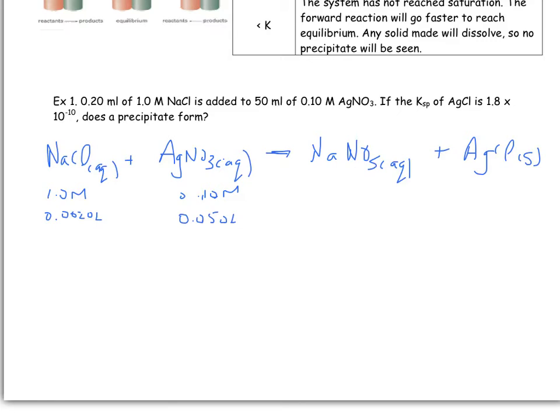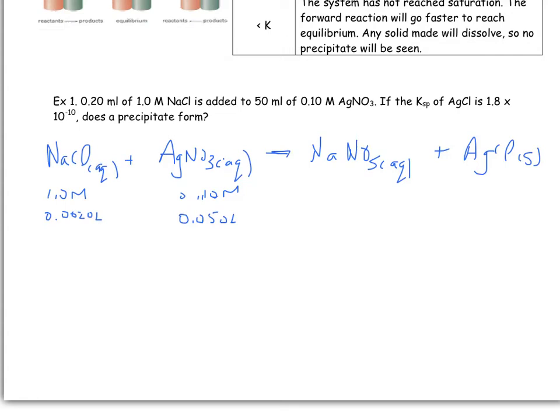To find the concentration of the chlorine and the silver ions present, we could take the concentration times the volume to get the moles of chlorine, because 1 chlorine is generated for every 1 NaCl. And then we could divide that by the volume in our system. It would be 50 mils plus 0.2 mils.